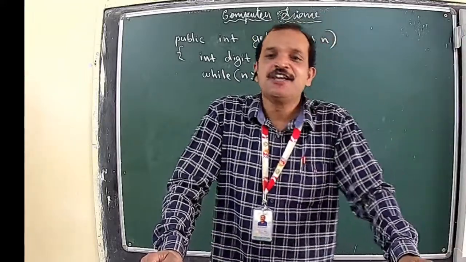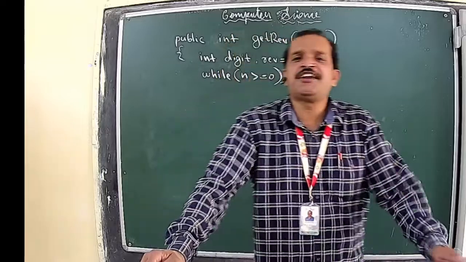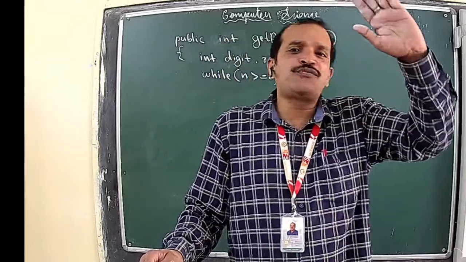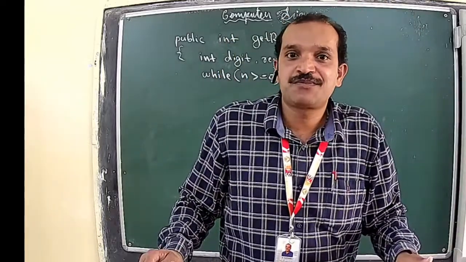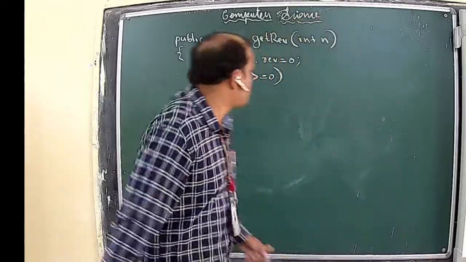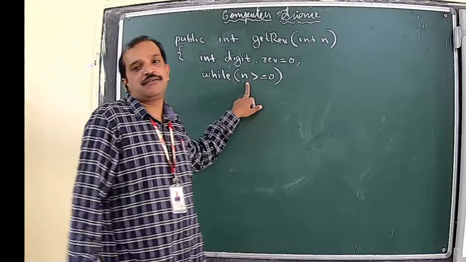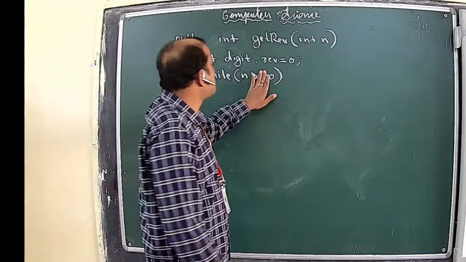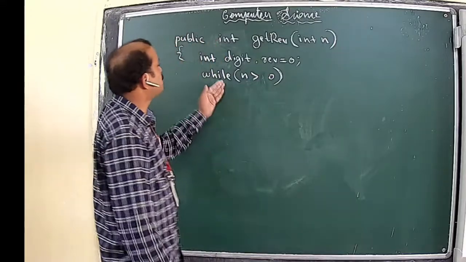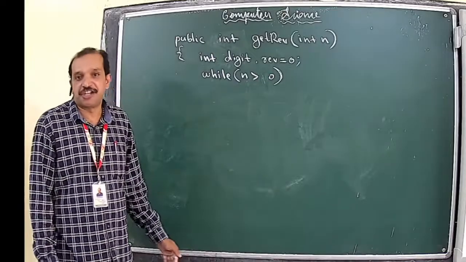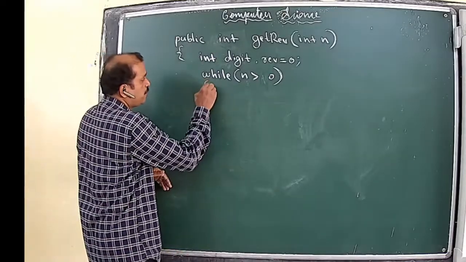And definitely, if you keep dividing a number by 10 again and again, at one point it will become 0. So as long as the value of n is greater than 0, this while loop will iterate repeatedly.